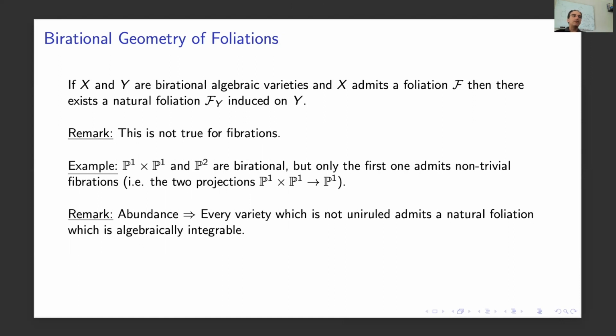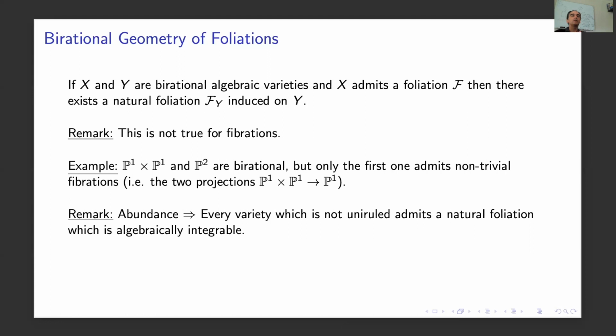More importantly, if we know that abundance holds true, then this implies that every variety which is not uniruled admits a natural foliation which is algebraically integrable. So what is this? Well, we know that every variety is birational to a minimal model if everything that we said before is true.